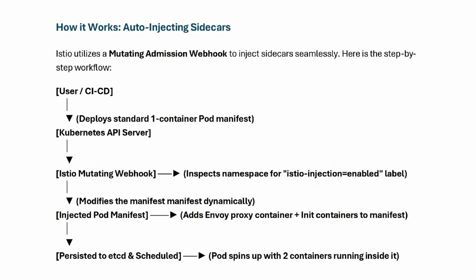Now as this namespace is inspected, the communication between them is intercepted by Istio mutating dynamic admission controller webhook, which modifies the manifest file dynamically by adding proxy envoy sidecar container into our containers manifest file. Then finally it reaches the persisted etcd and scheduled. Then it spins up two containers running inside it. One is of our application or manifest file, and second is of envoy sidecar proxy container.